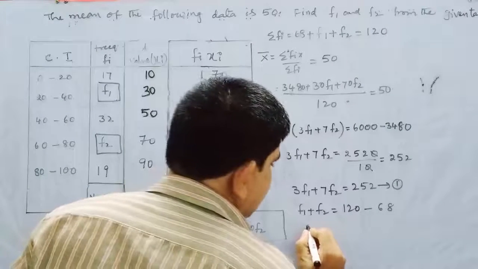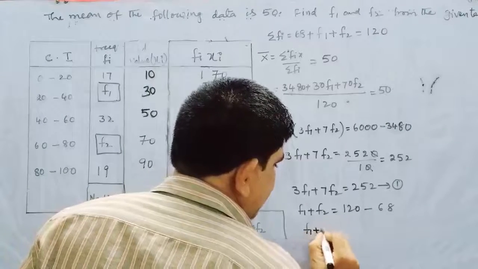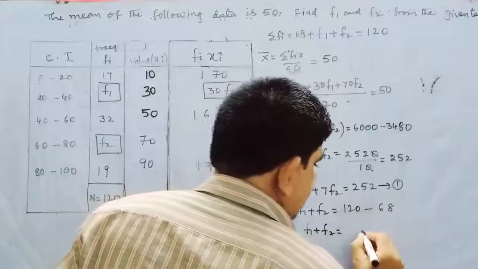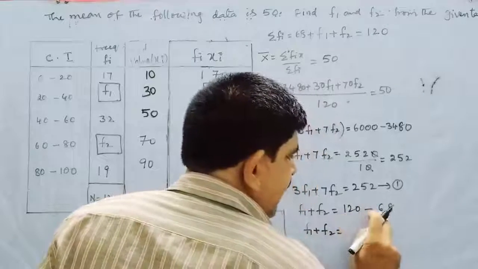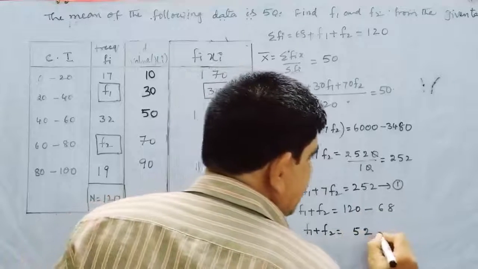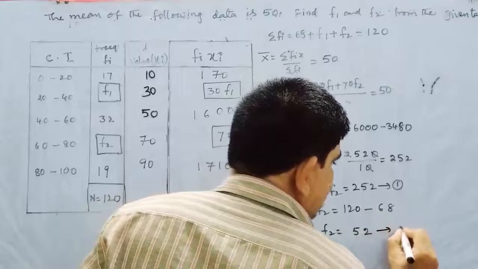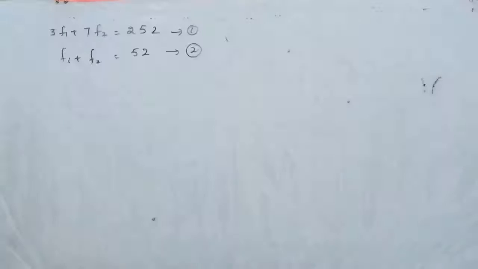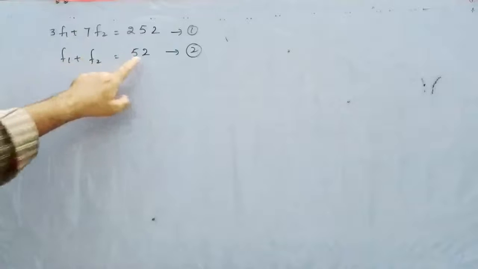So f1 plus f2 is equal to 52. This is the second equation. The two equations are 3f1 plus 7f2 is equal to 252 and f1 plus f2 is equal to 52.